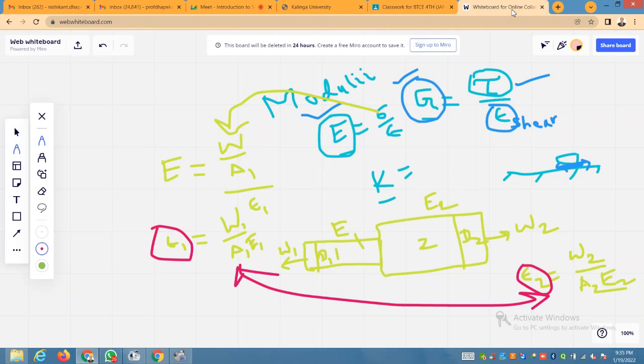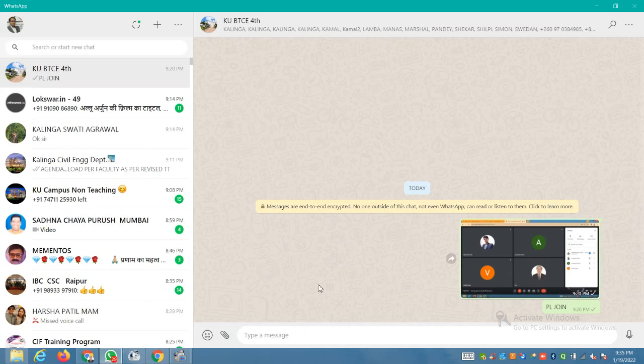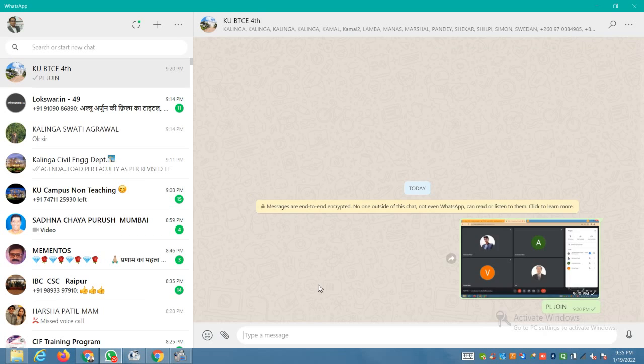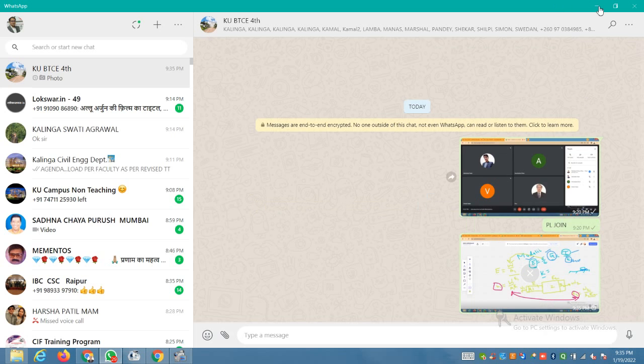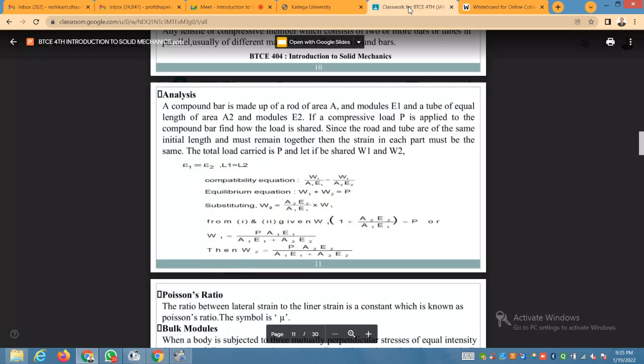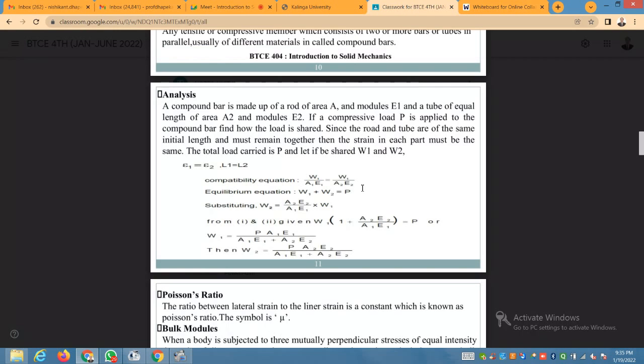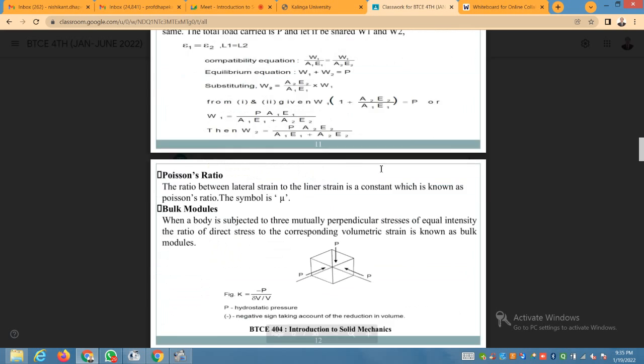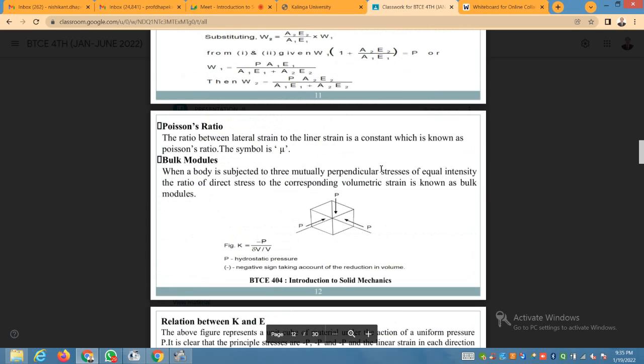So equations of compatibility and equations of equilibrium are to be employed to analyze compound bars. When we deal with the numericals, we will see in detail.